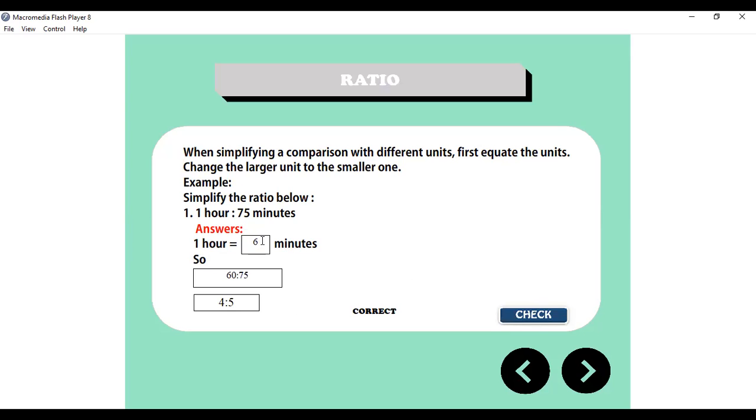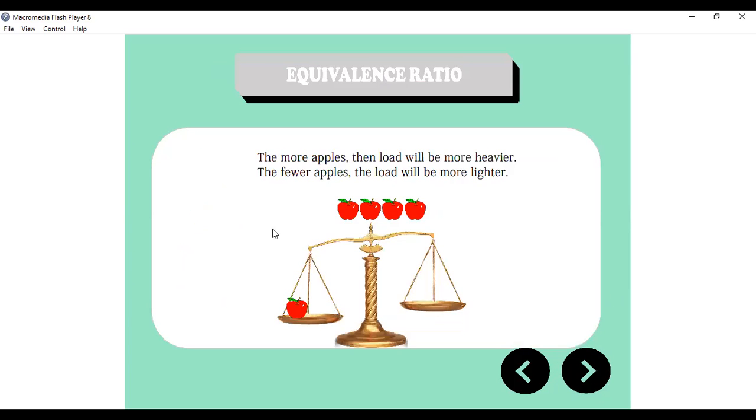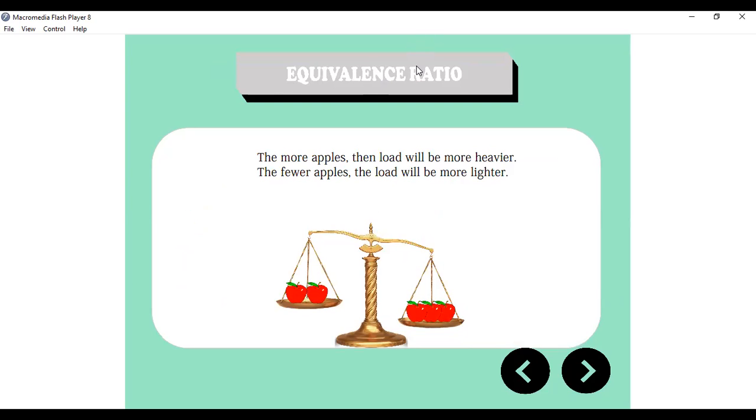If we give the wrong answer, it will give incorrect and try again. The next example is submit the previous. We have to put the answer here and here, and then check. And then next is equivalent ratio.